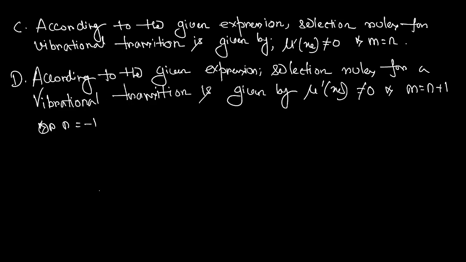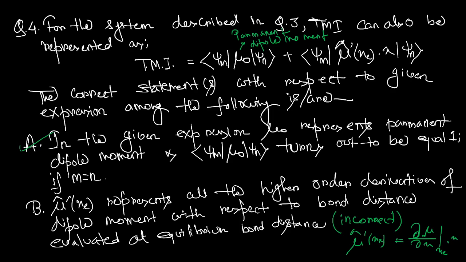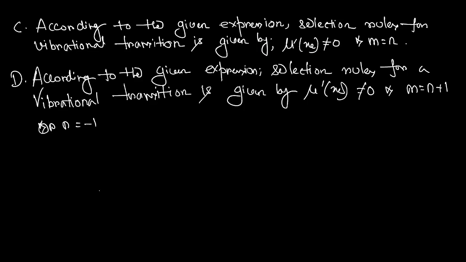But it also says m equal to n. If m equals n, then there is no transition. That doesn't mean the molecule is the same, but that is not what we need. So this is also incorrect.